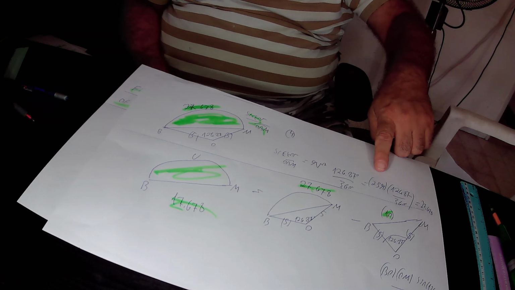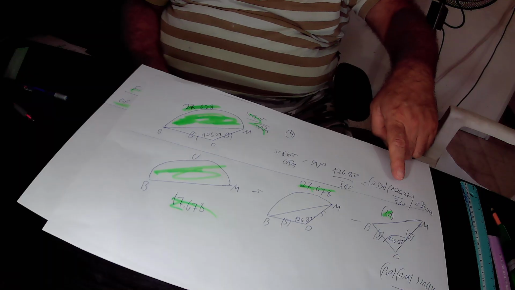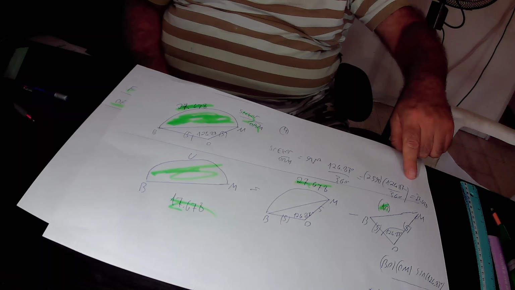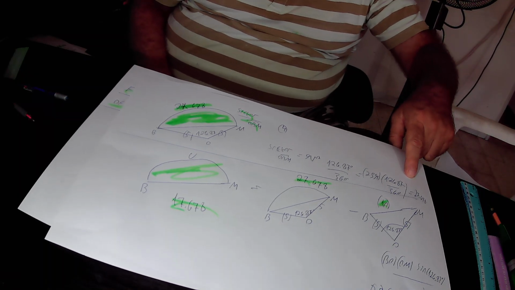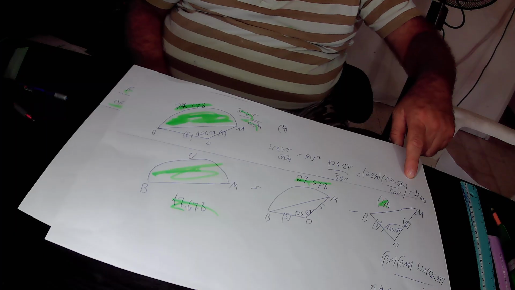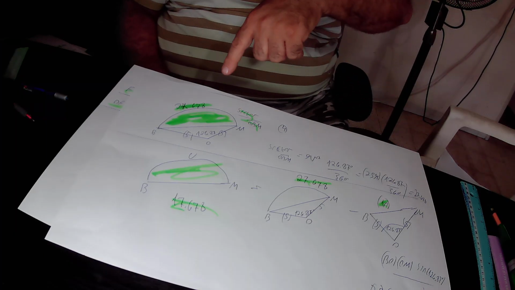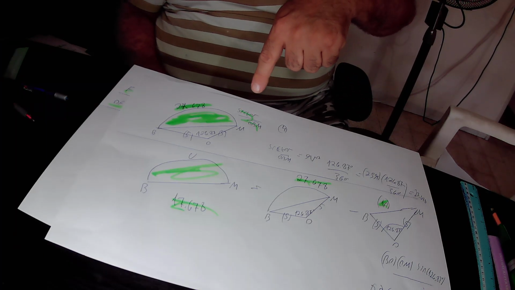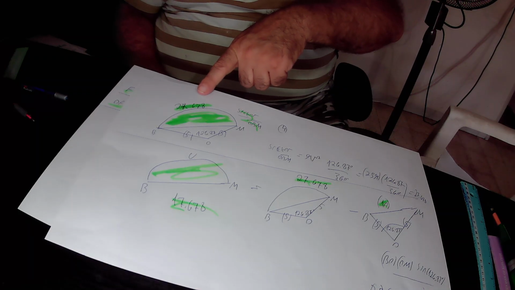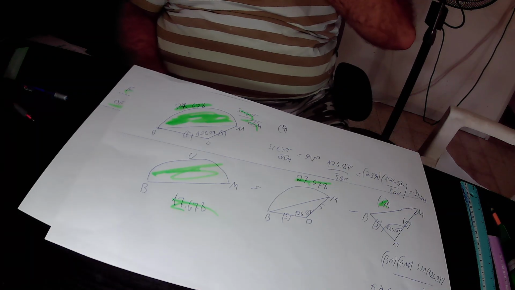In total, the value of this expression is equal to 27.678 square units in size. So we found out that the area of this sector BOM equals 27.678 square units in size.